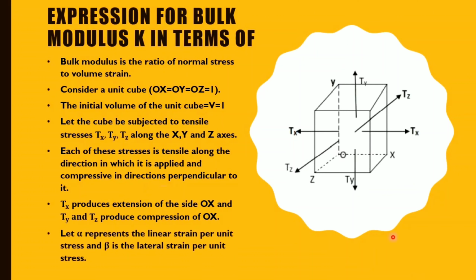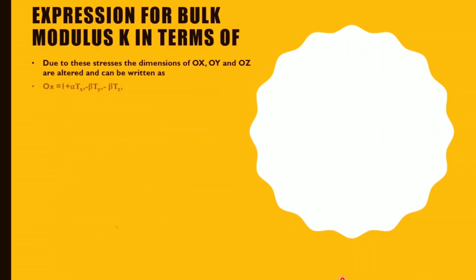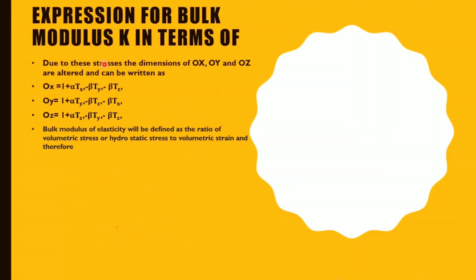Now let alpha represent the linear strain per unit stress and beta the lateral strain per unit stress. So due to these stresses, the dimensions of OX, OY and OZ are altered and can be written as 1 plus alpha Tx minus beta Ty.